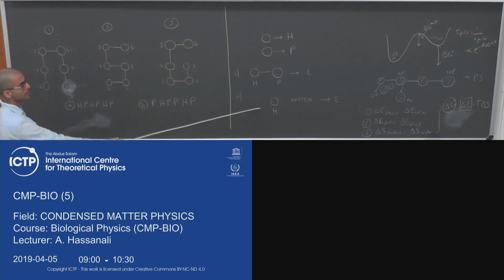And when H is at the boundary, for example, if H was here, I would pay a penalty. I'm going to assume also epsilon. And here, for example, the penalty would be 2 epsilon.